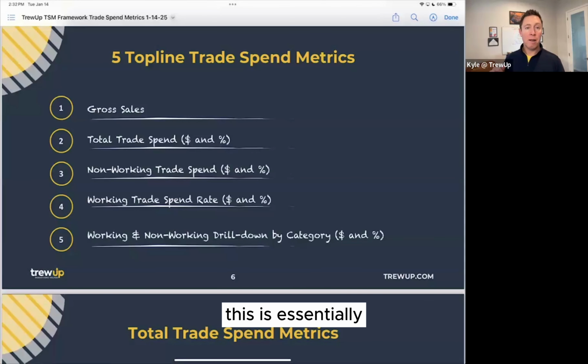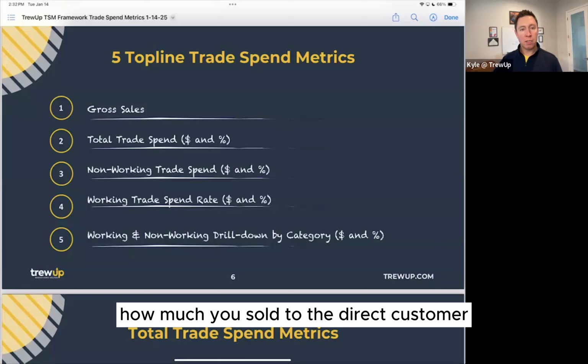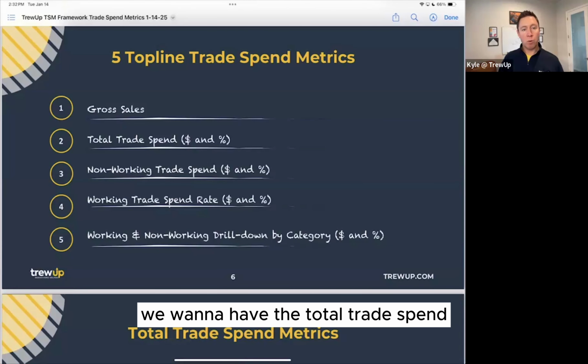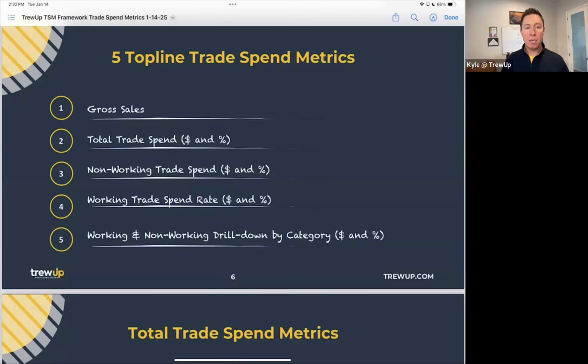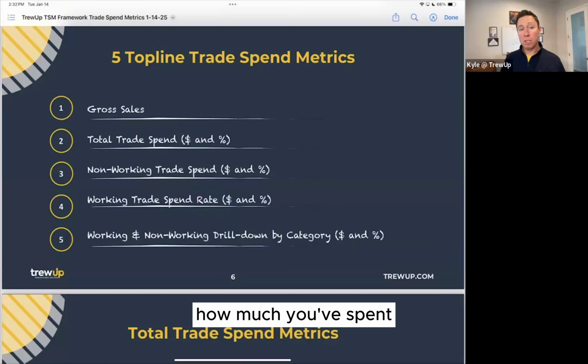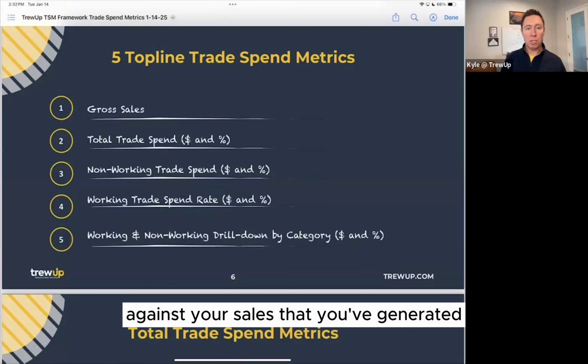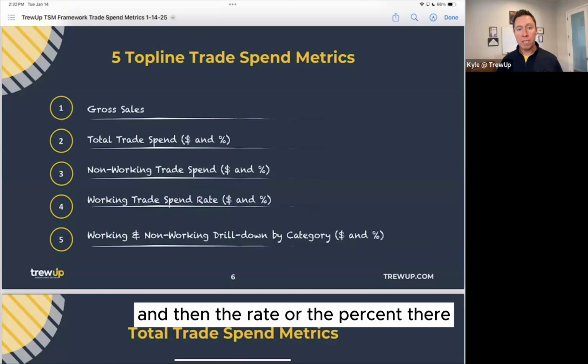This is essentially how much you sold to the direct customer at their list price. And then underneath that, we want to have the total trade spend as both a dollar and a percentage of your sales so that you can understand how much you've spent against your sales that you've generated, and then the rate or the percent there. And I'll show you in a moment.